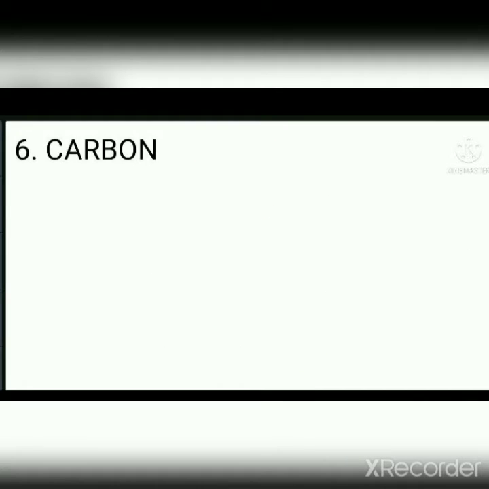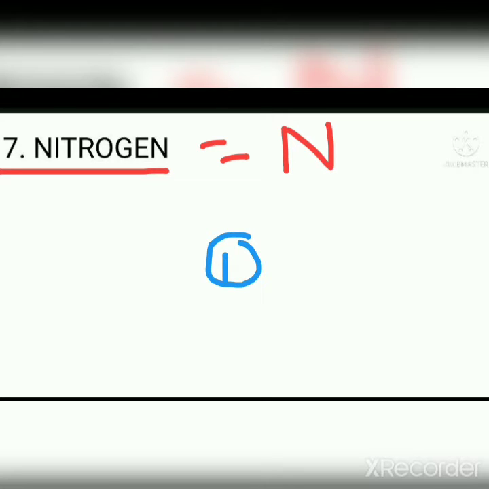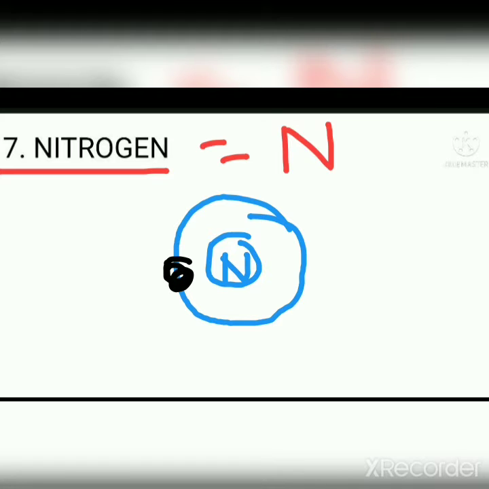Now coming to the next one, that is nitrogen. The atomic number of nitrogen is 7, and the symbol of nitrogen is N. First I will make a circle and write the symbol N. Then I will make another circle, in which the maximum we can make in a shell is 2, so I will make 2.